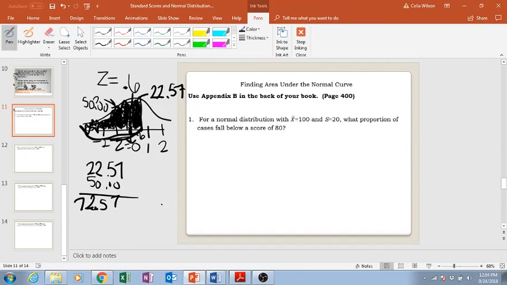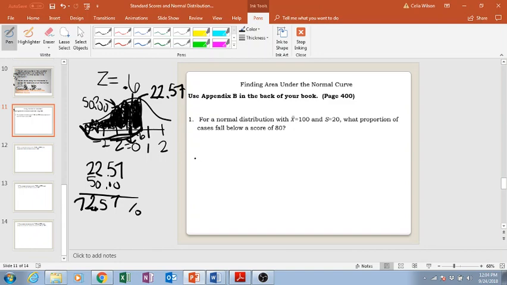So by scoring a z of 0.6 or a raw score of 81, I scored better than 72.57% of people who took the exam. Okay? All right, well, let's do some other examples and see if we can't hammer this home a little bit.